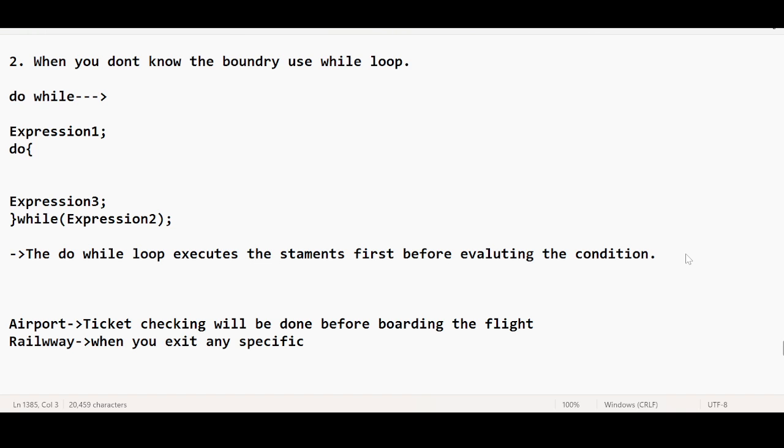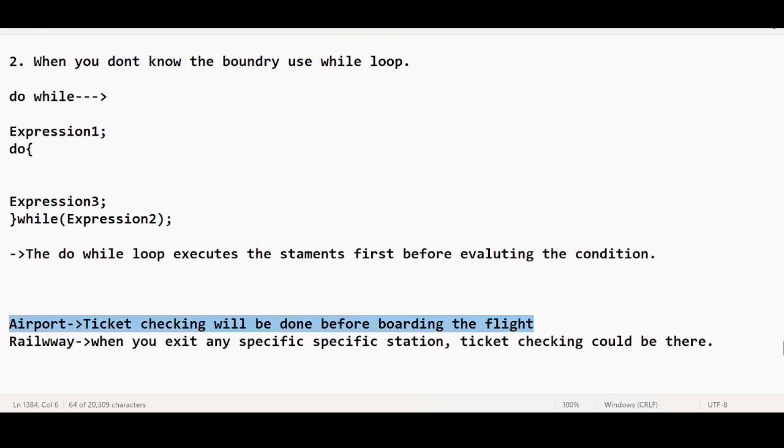It means when you exit any specific station, ticket checking could be there. Okay, so if you want to convert this analogy to the Java loops, this airport checking is called as what?